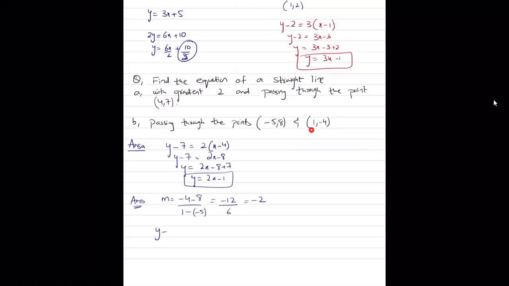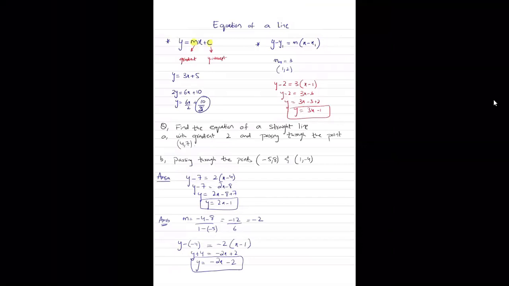I'm using the second point: y minus y1 equals m times x minus x1. y plus 4 equals negative 2x plus 2. y equals negative 2x minus 2. So that's the equation.